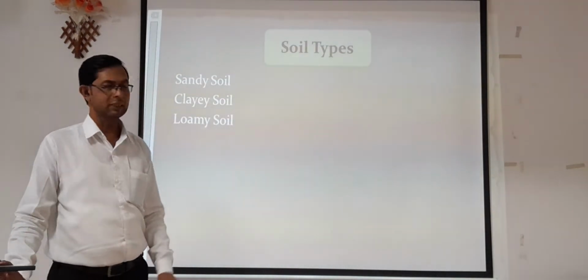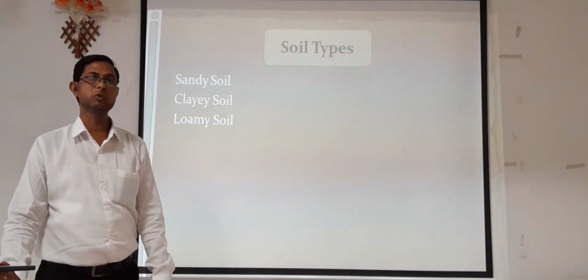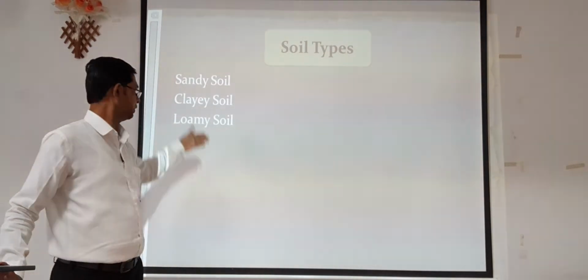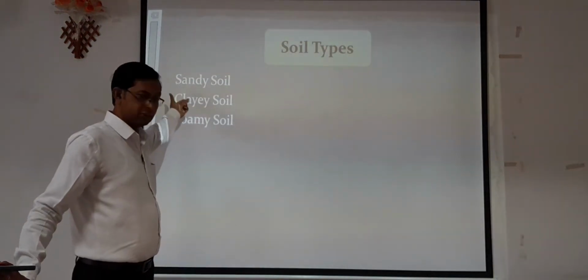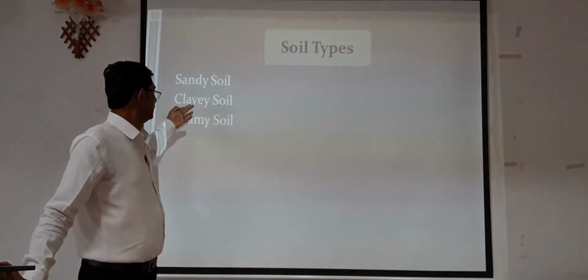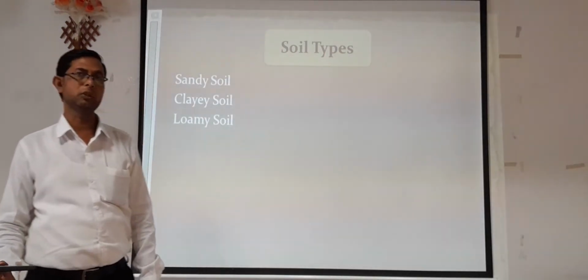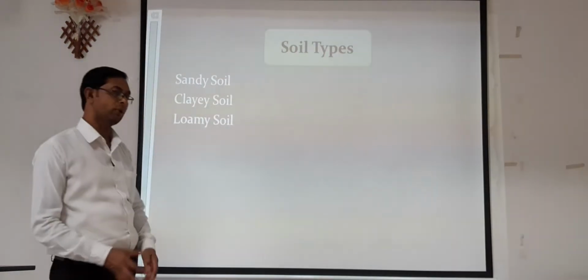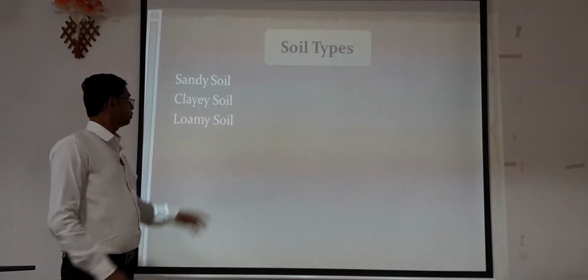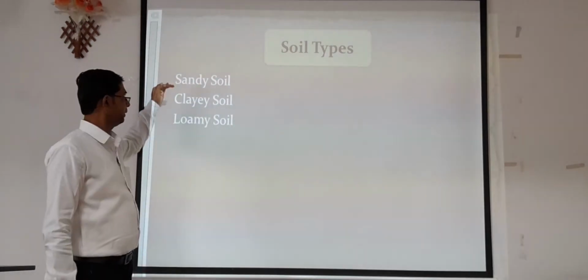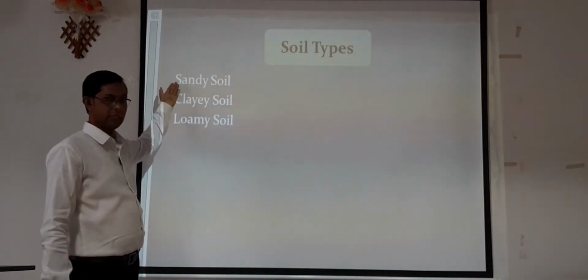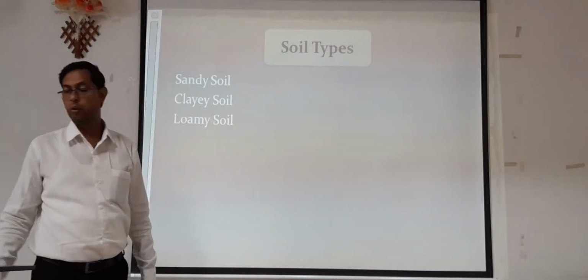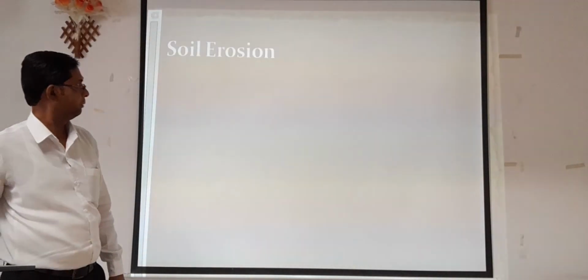It also covers the major region of India. So sandy soil, clay soil and loamy soil are all observed in India. These are the types of soil, depending on the concentration of sand and other particles in that particular soil.